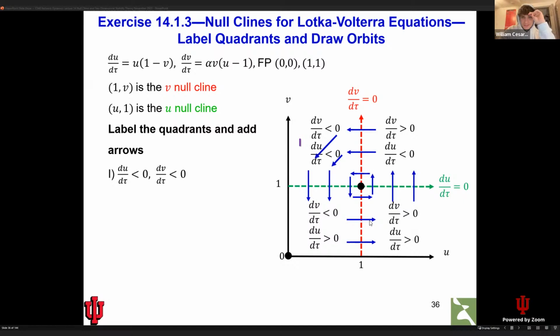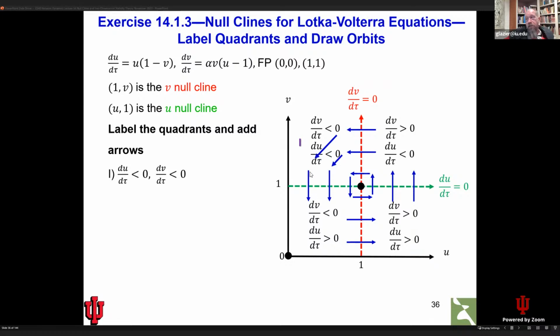Well, so we know that at the fixed point, the length of the arrow is 0, right? Because at the fixed point, we're not moving in either the x or the y direction. So the length of the arrow is 0 at that dot. And we know the length of the arrow is not 0 further away. And we know things are changing smoothly and continuously.